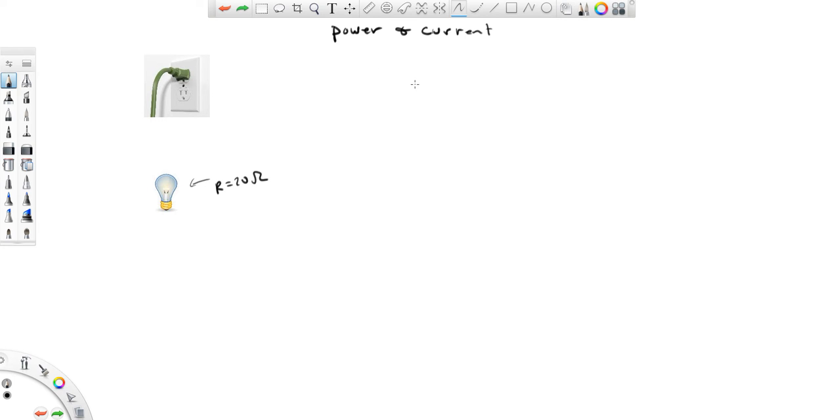Just like with DC circuits, AC circuits have a symbol for voltage. This round thing with a squiggly in the middle is the symbol for an AC voltage source. Then, just like with DC, this little sawtooth looking thing represents the resistance of our bulb.